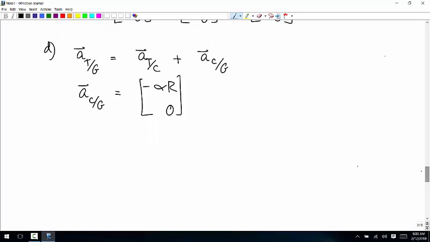This is just from the rolling without slipping. So these don't have any names. Those are just facts. Well, they do derive from that in a little bit of a complicated way. I didn't go into the derivation, but that's the one that looks similar to the tangential acceleration.